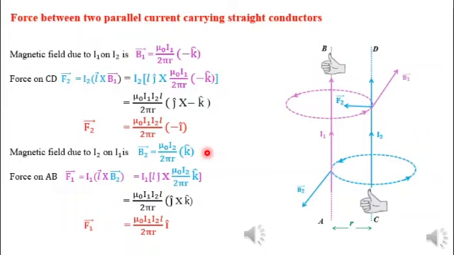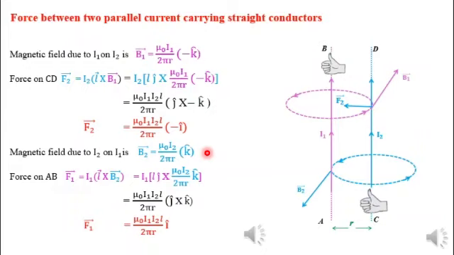Substitute the expression of B2. Then force is I1 into L j cap cross mu 0 I2 divided by 2 pi r into k cap. Take the magnitudes outside.